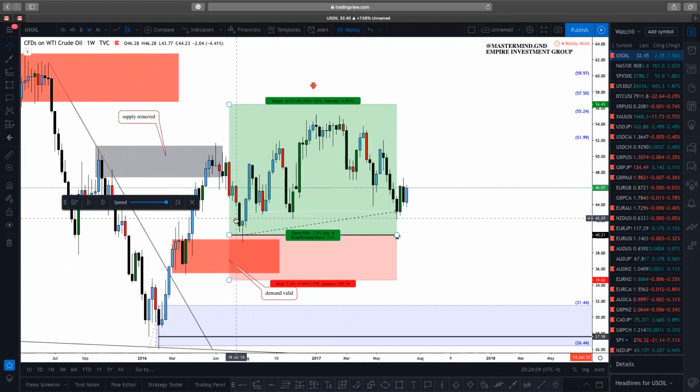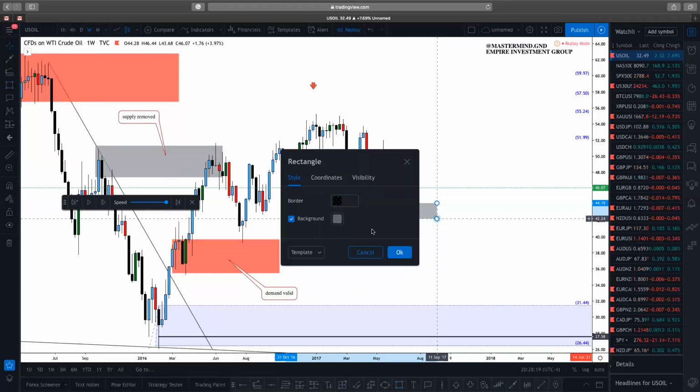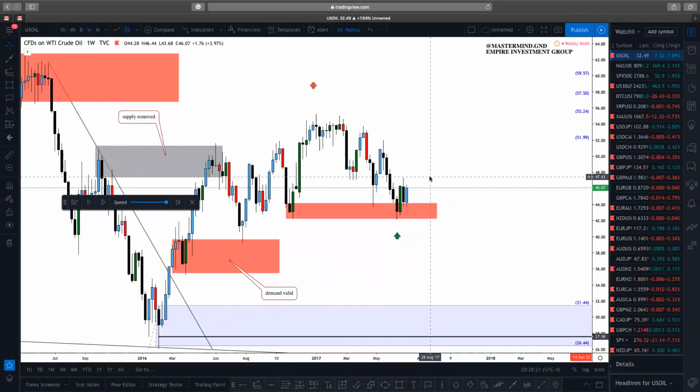Okay, so here we had, let's say this was a zone right here, right? We're just following the rules mechanically. Let's say this was a zone right here. That zone, for example, was removed, right? We're not judging if it was a supply or demand zone or not, but this is just an example.